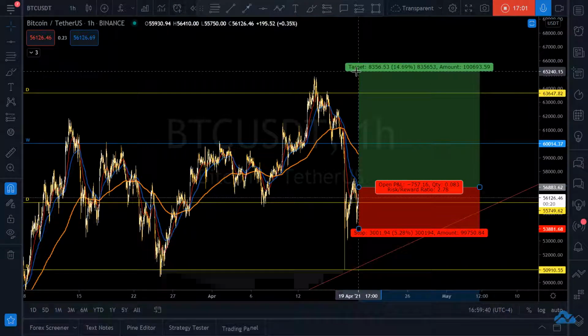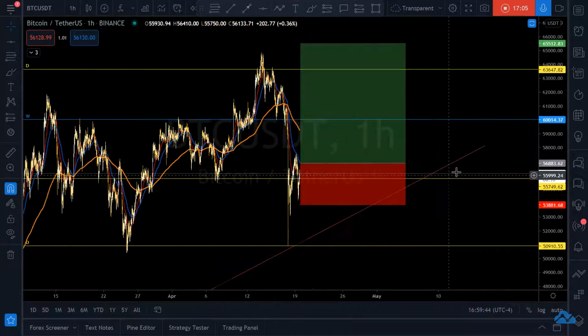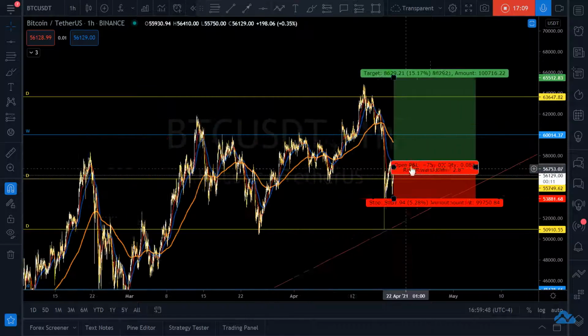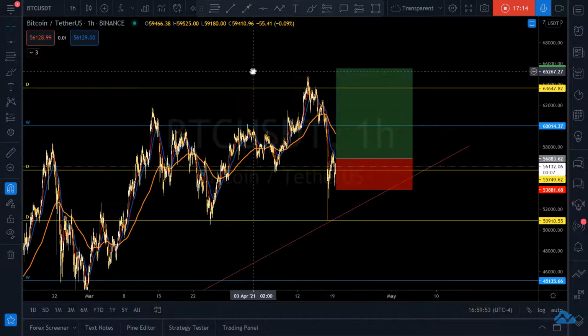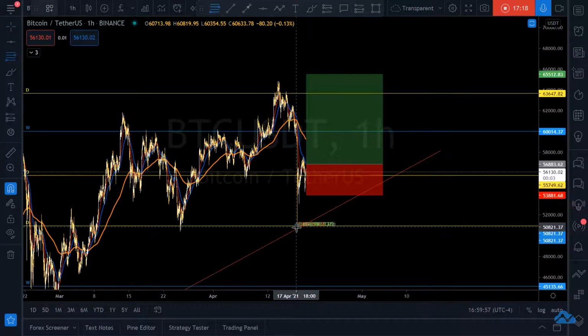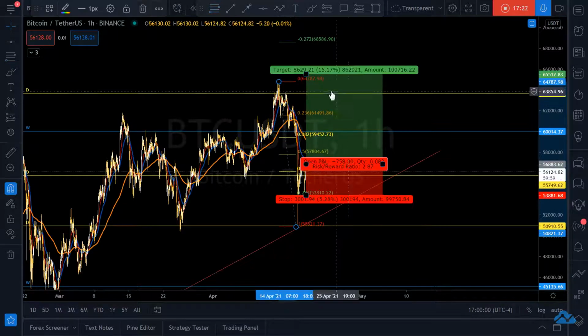Well, we can use the Fibonacci retracement tool and determine what our end goal will be.